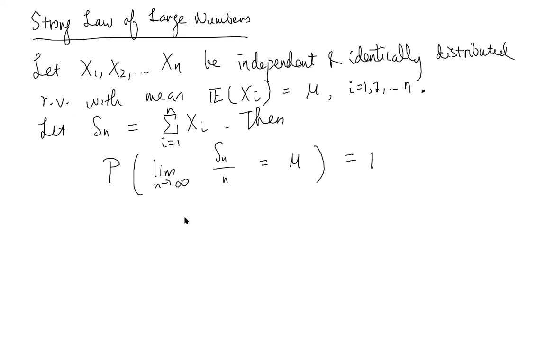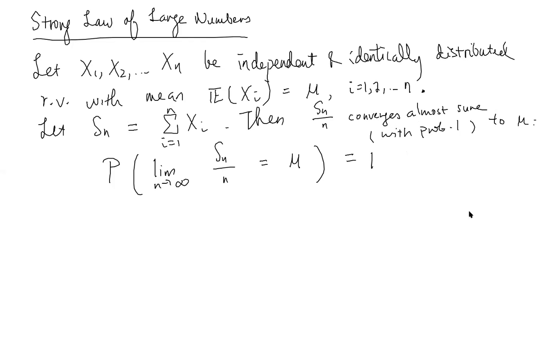Basically it's saying that Sn over n converges almost surely, with probability 1, to mu.